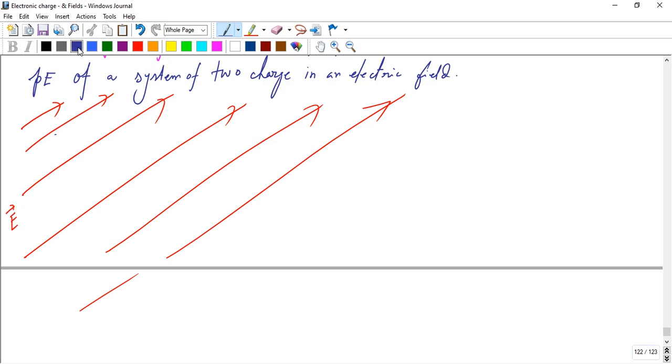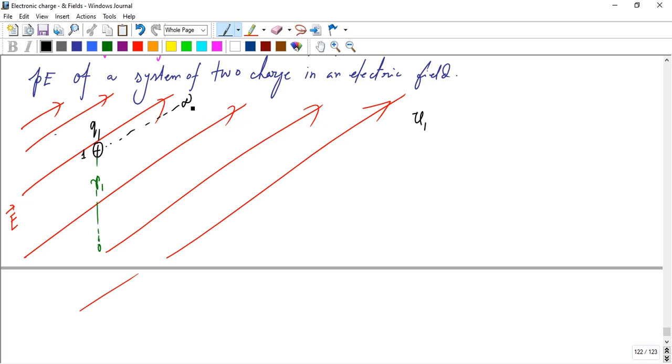Suppose we bring a charge Q1 from infinity to point 1. The position is R1. Bringing it from infinity to point 1, there is a potential energy associated with this, that is U1.